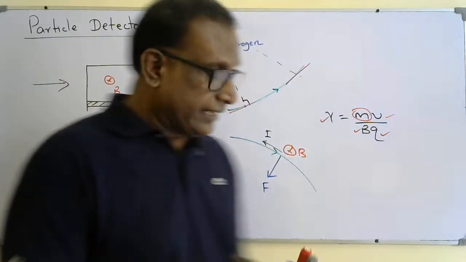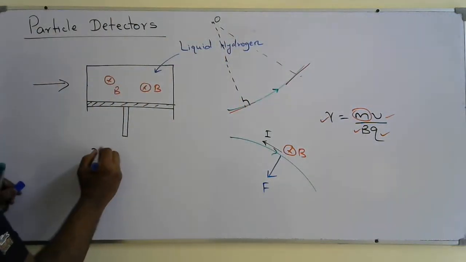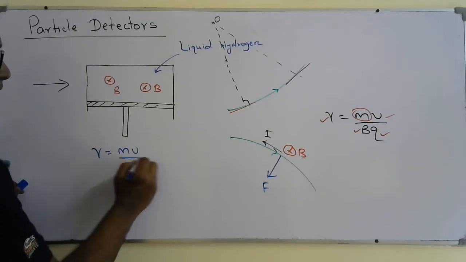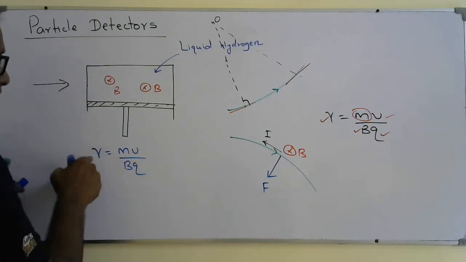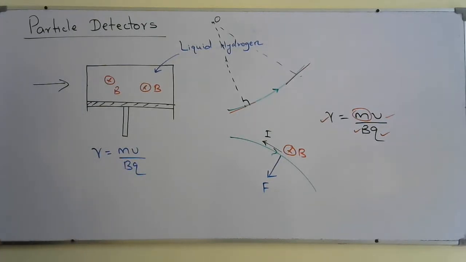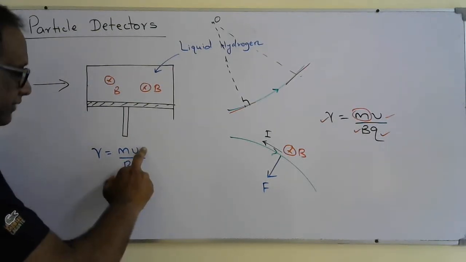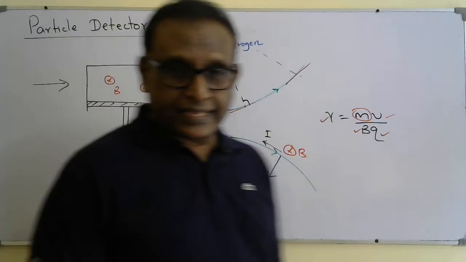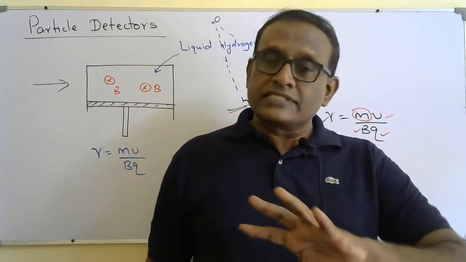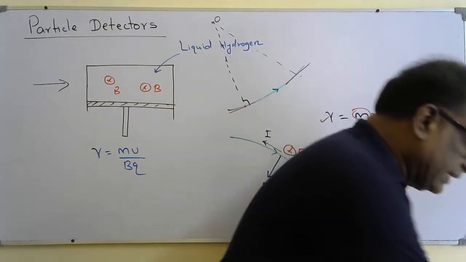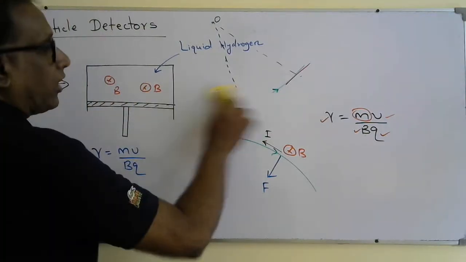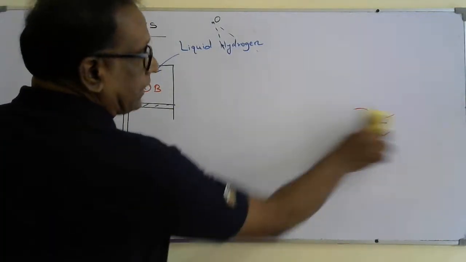So when the speed decreases, according to R equal to mv over qB, the radius of orbit of the particle will continuously decrease. When the v decreases, r will decrease. So actually, when a charged particle moves inside a particle detector, it will move on an inward spiral path.